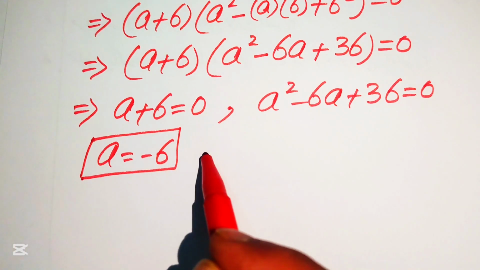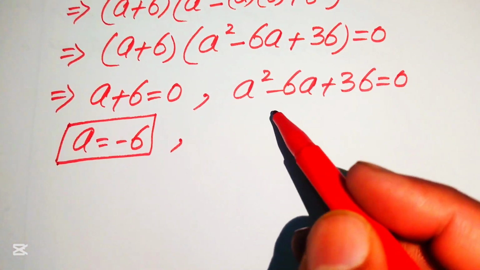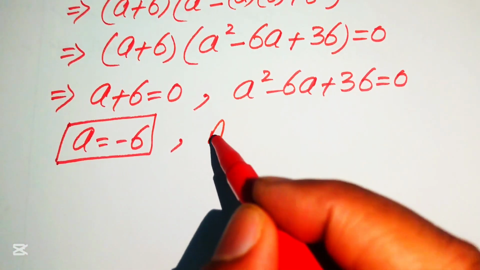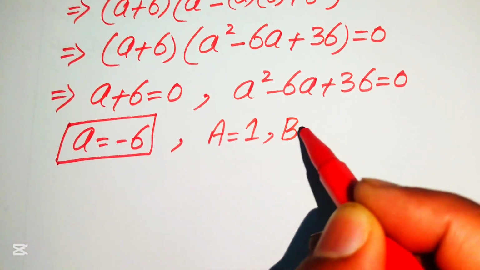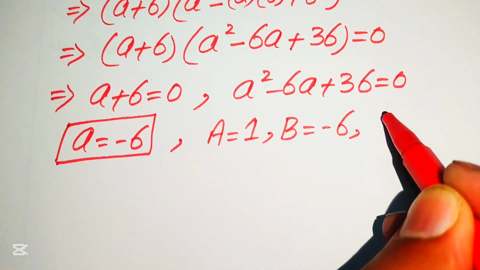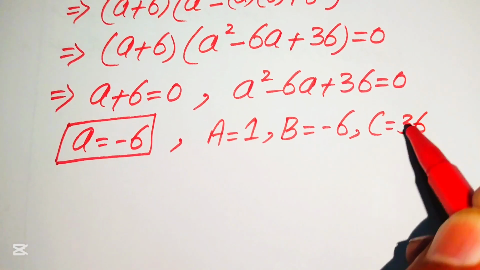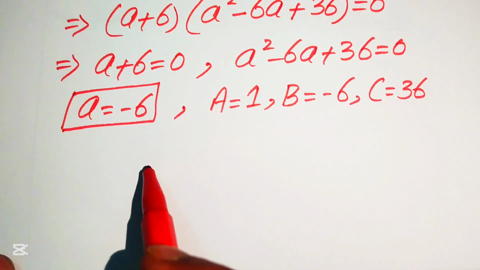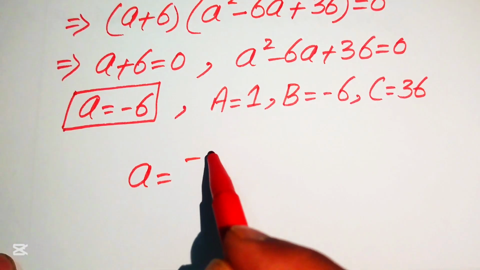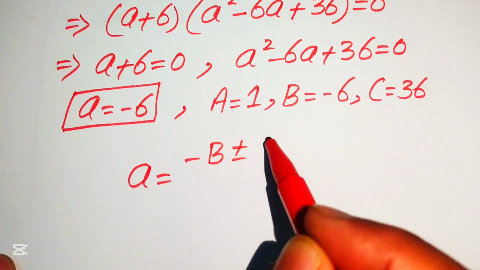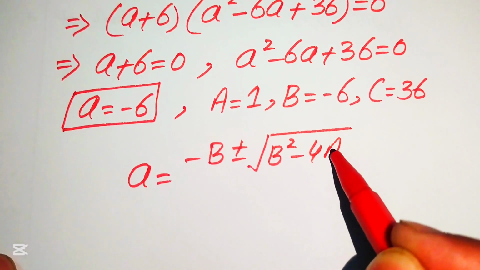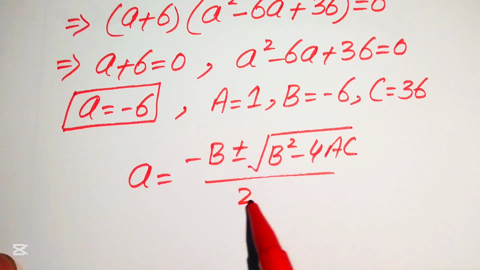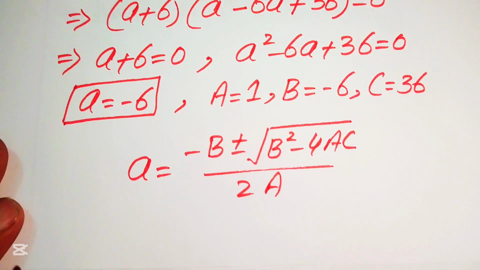This is the fourth root of the given equation, and here we can apply again the quadratic formula. So we write the coefficients of this equation. So capital A equals 1, capital B equals minus 6, and capital C equals 36. So we write our quadratic formula as a equals minus b plus minus square root of b square minus 4 times ac divided by 2 times a.